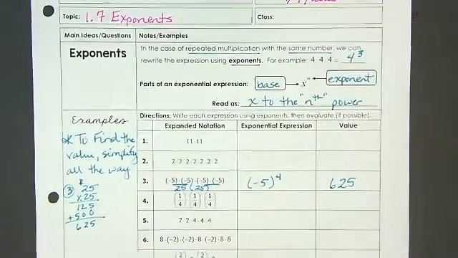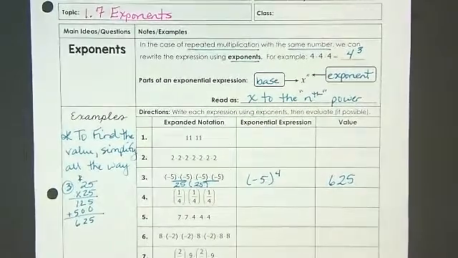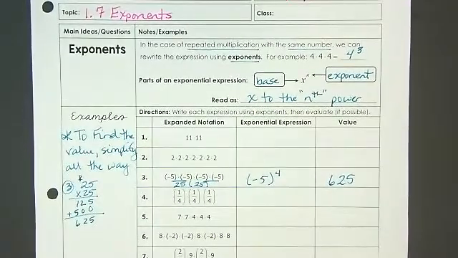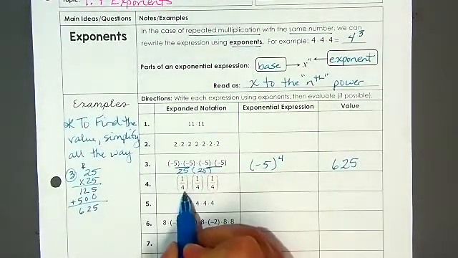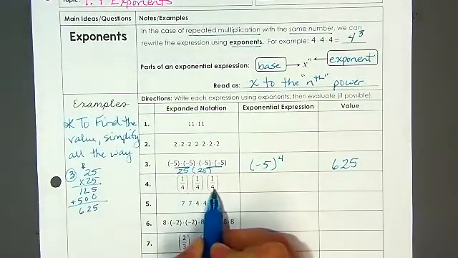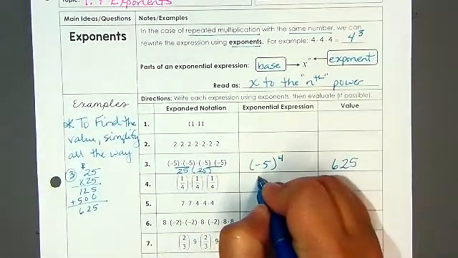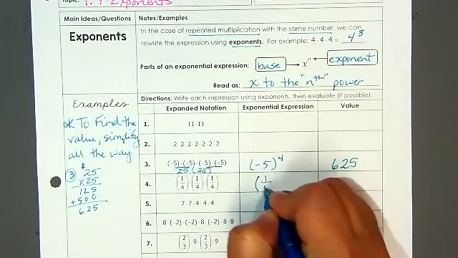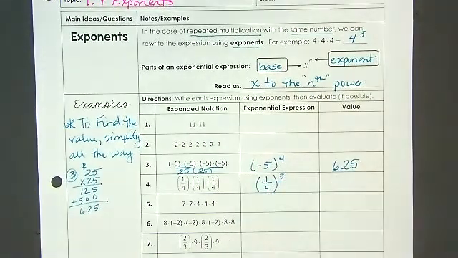All right, so now when we throw in fractions, this is a little quirky looking, so I'm going to try and focus it, but I don't know that it's going to do much good. I'm sorry for that. This is the whole fraction that's multiplied 3 times, so the exponential expression is going to be 1/4 in parentheses raised to the third power.